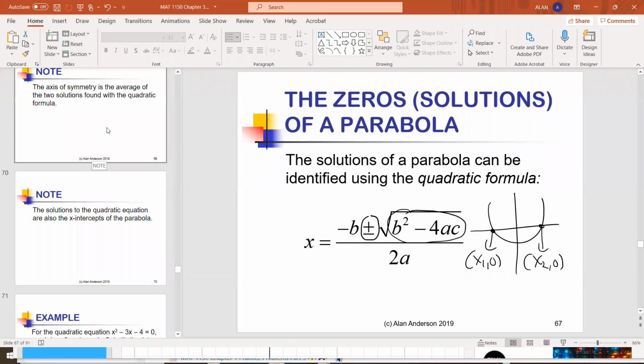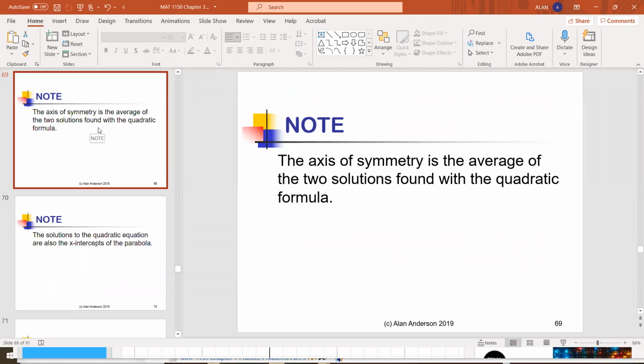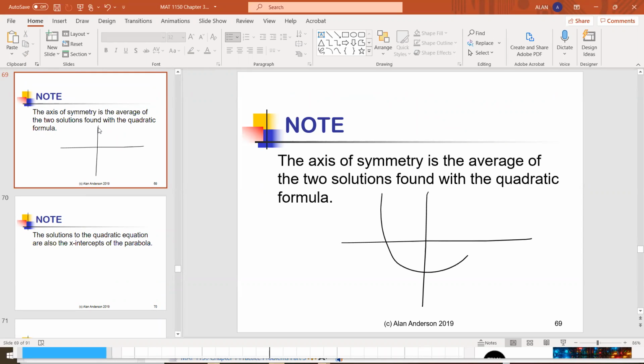All right, now, by the way, here's a side note, this is just for your interest. It turns out that the axis of symmetry is the average of the two solutions. In other words, in a case like this, here's the vertex. This becomes the axis of symmetry right here. These are the two solutions.